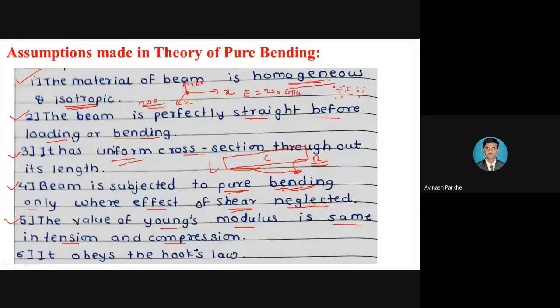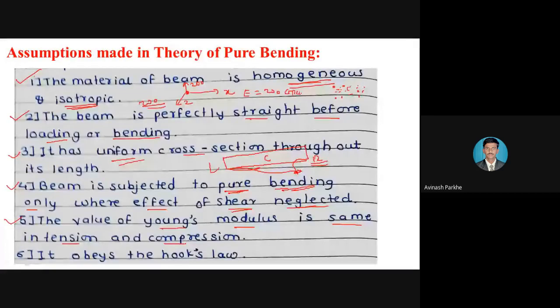In case of a simply supported beam, above the neutral axis compression, below the neutral axis tension. In case of a cantilever beam, above the neutral axis tension, below the neutral axis compression. But even if your beam is under tension, even if your beam is under compression, the value of Young's modulus should be same.